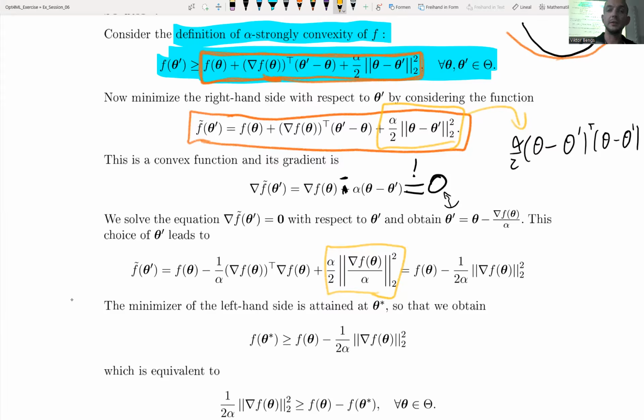And well, this thing here, inner product of the gradient with itself, is nothing else than the squared norm of the gradient. So what we have here is minus alpha times the squared gradient of f at theta.